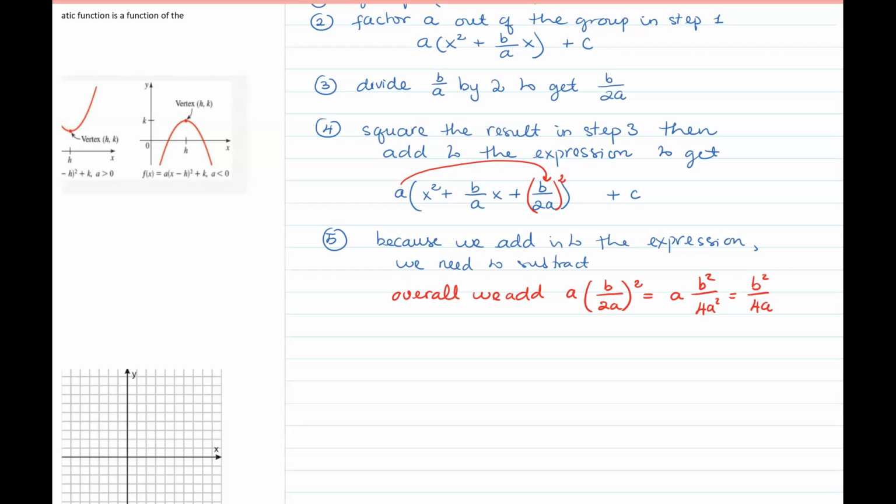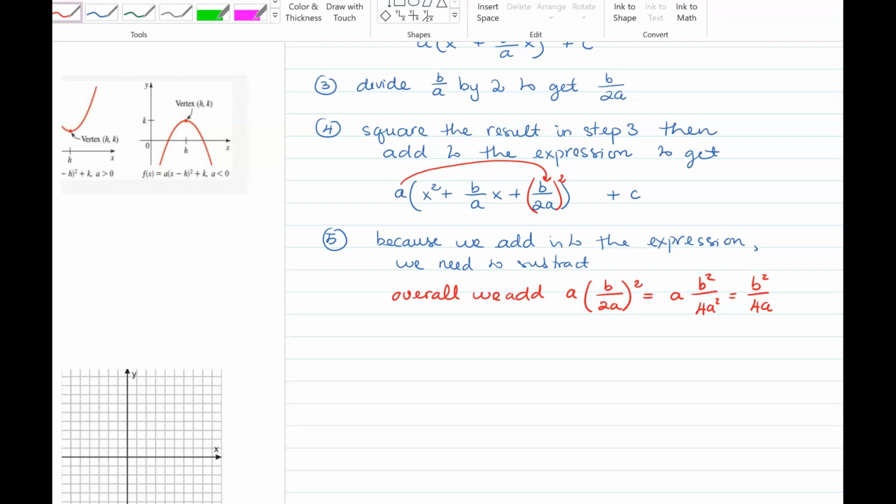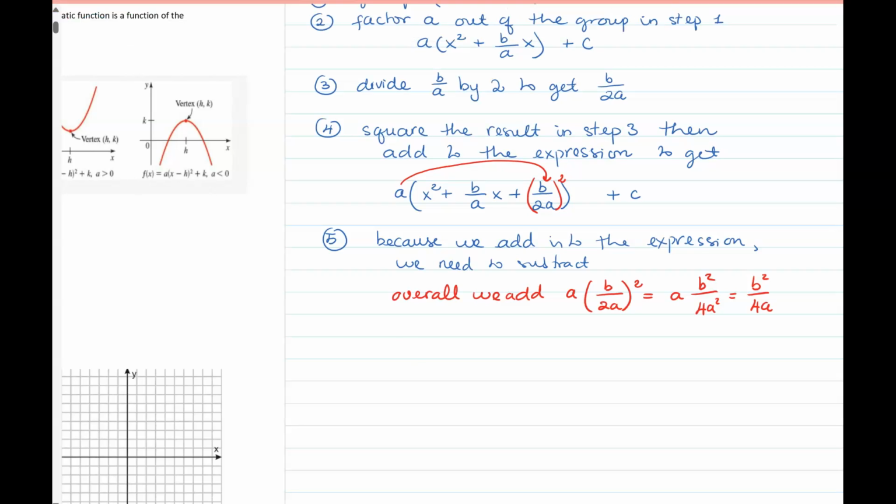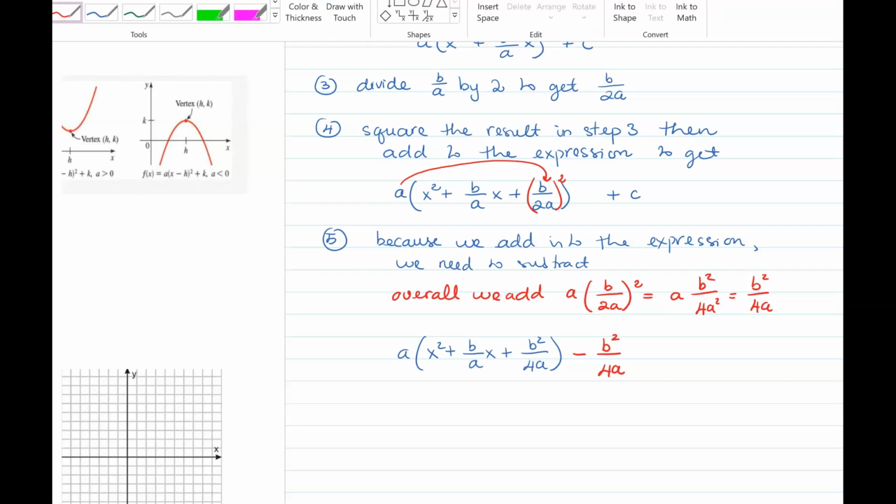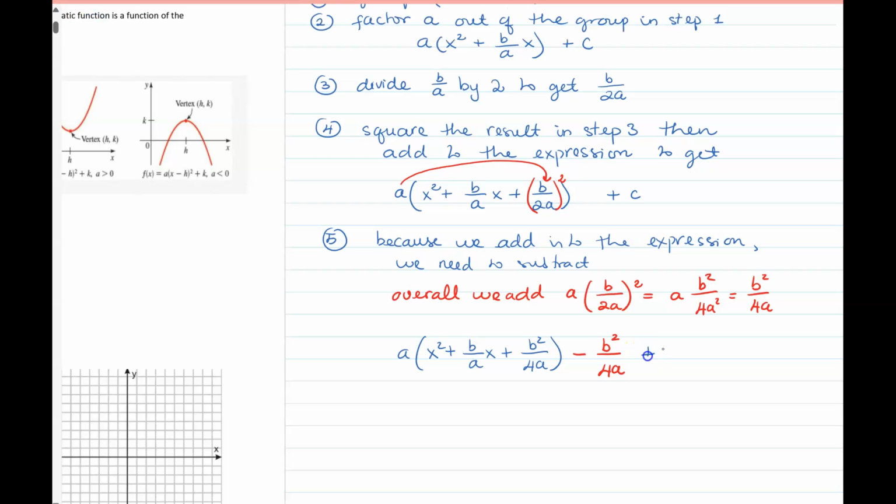So now the equation will become a times x squared plus b over a x plus b squared over 4a. And because we add, we have to minus b squared over 4a plus c.